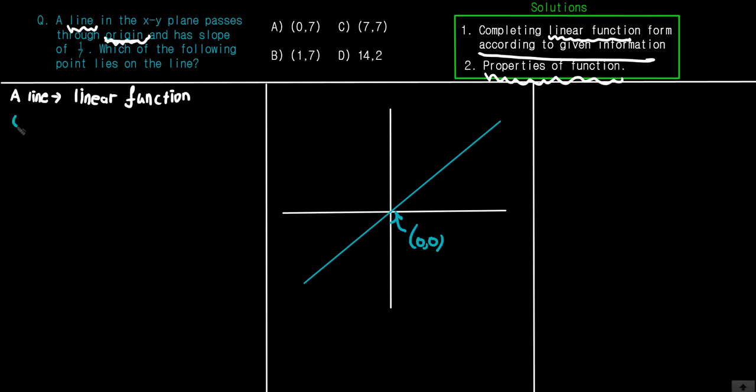So it passes through the coordinate (0, 0). And also it has a slope of 1/7. The slope is equal to 1/7. So we have thought about the given information that we are given.